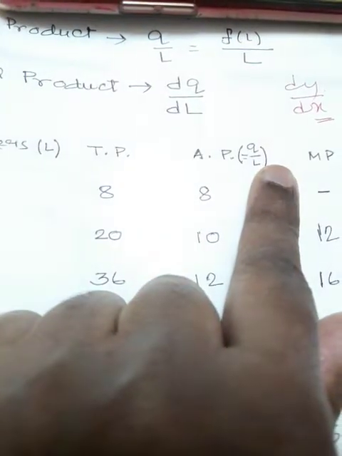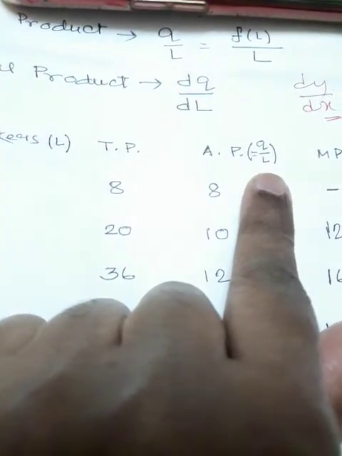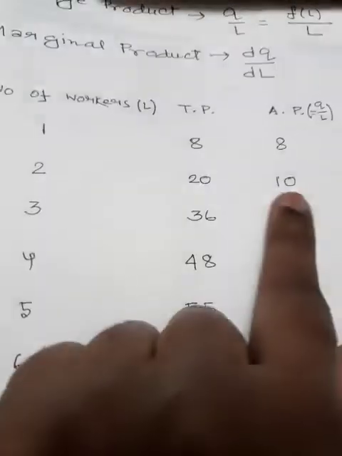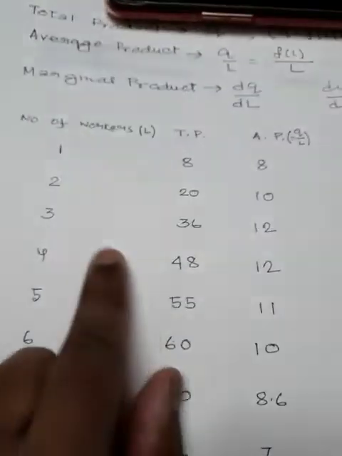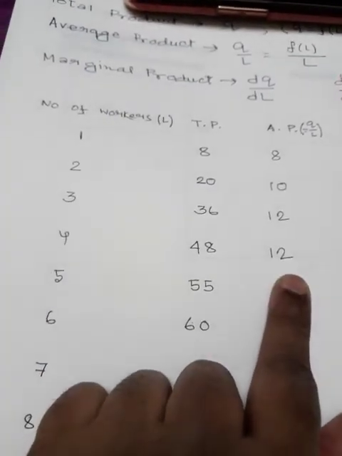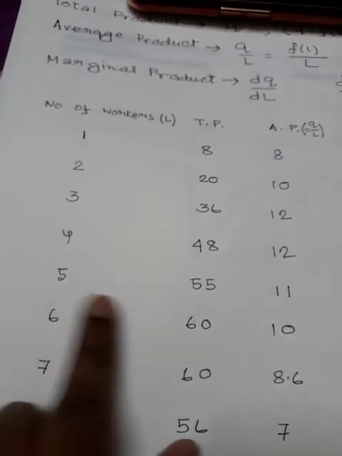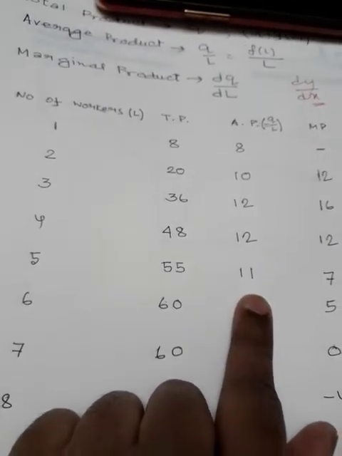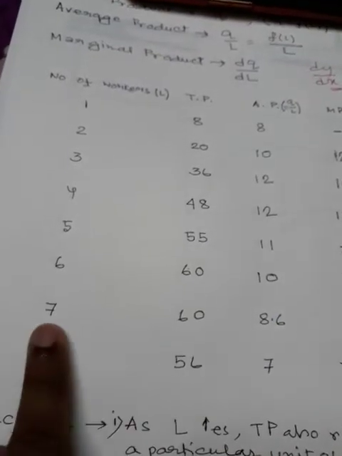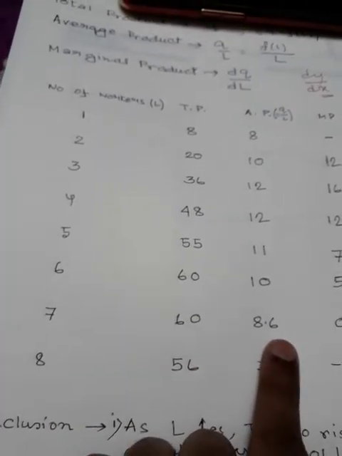AP means total production divided by number of labor, Q by L. So here 8 by 1, the average product is 8. 20 by 2, average product is 10. 36 by 3, the average product is 12. 48 by 4, average product is 12. 55 by 5, average product is 11. 60 by 6, average product is 10. 60 by 7, average product is 8.6, and 56 by 8, average product is 7.